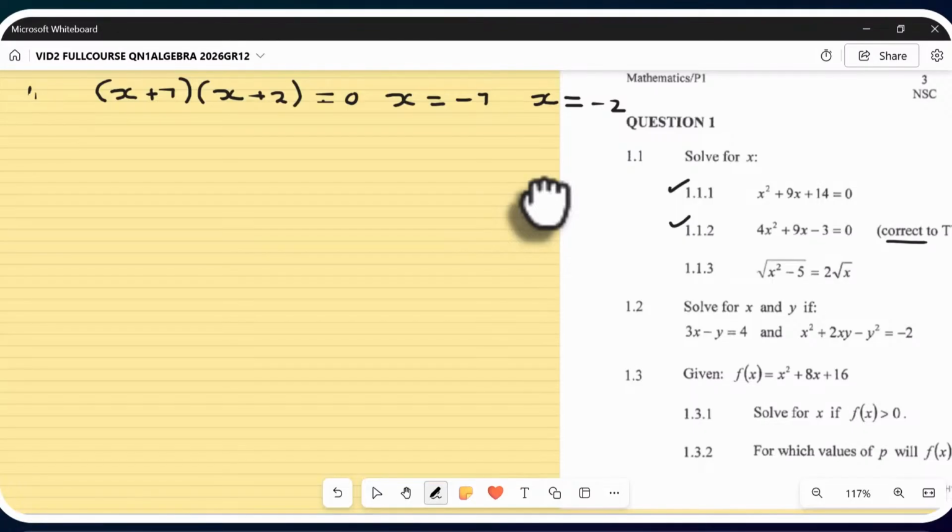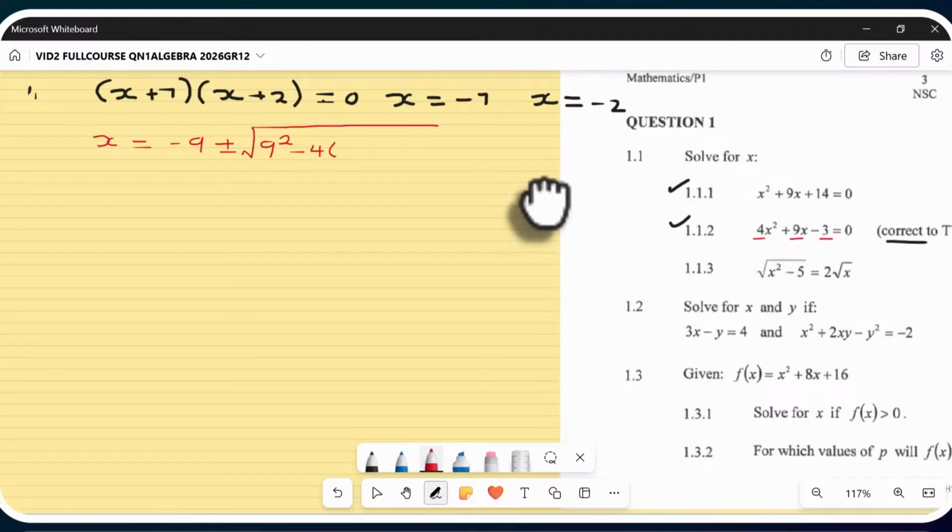So x equals minus b, so negative 9, plus or minus the square root of b squared, so 9 squared, minus 4ac, but the a is 4 and the c is negative 3, then divided by 2a.